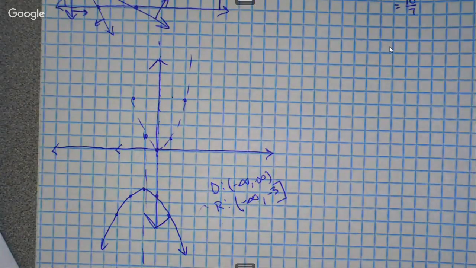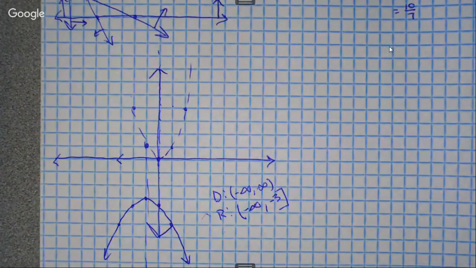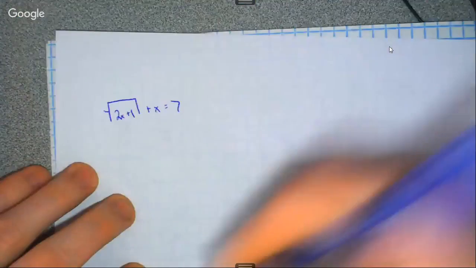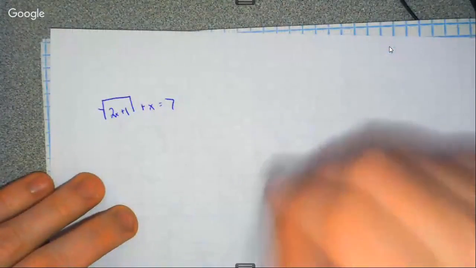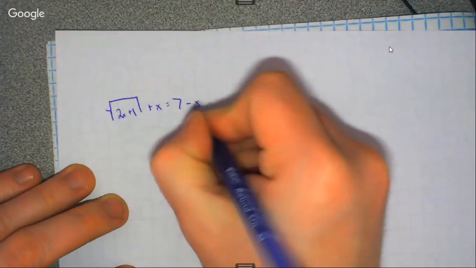So now we have number 11, which is solve. So I have the square root of 2x plus 1 plus x equals 7. So I got to solve this. So we are going to isolate the radical, so minus x.